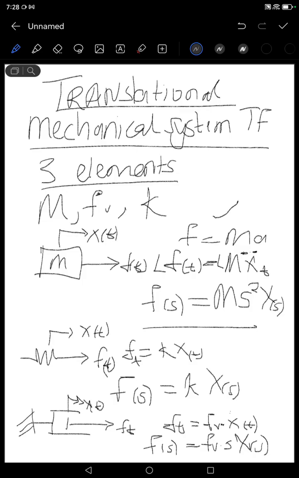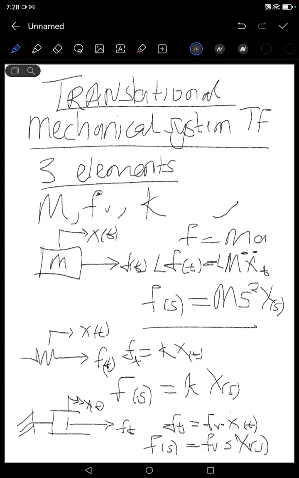Moving forward, we can make an example of this translational mechanical transfer function. The question will come where we're given a diagram, and they say determine the transfer function of X over F of s.